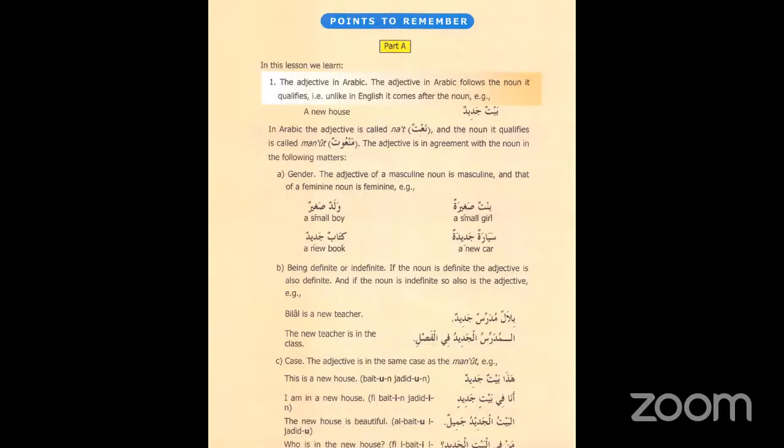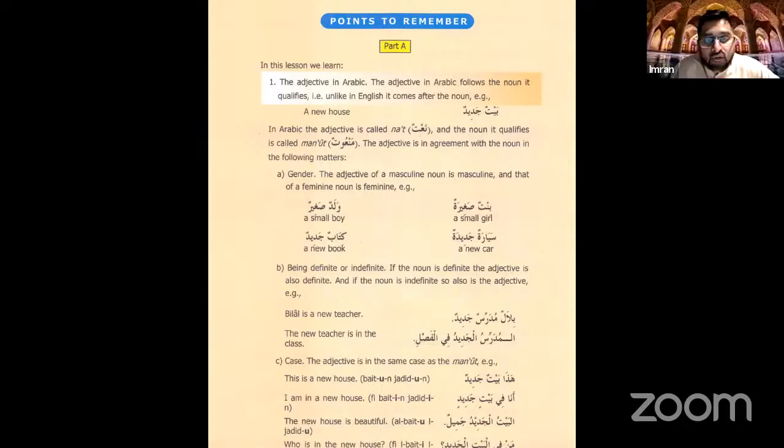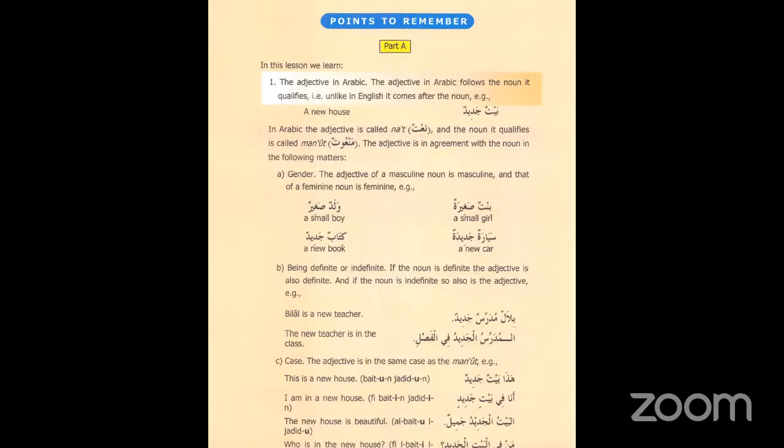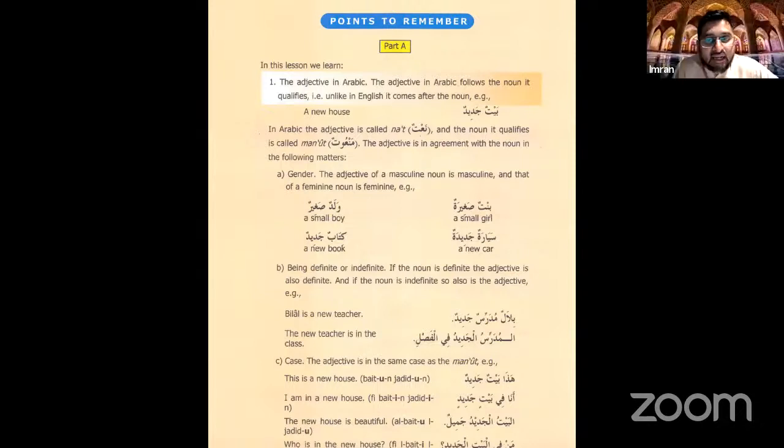So what's happening with the word waladun saghirun? How is the gender agreeing with each other? With the tanween, and it does not have a ta marbuta. The word waladun is boy, and the word saghirun is also masculine without the ta marbuta.